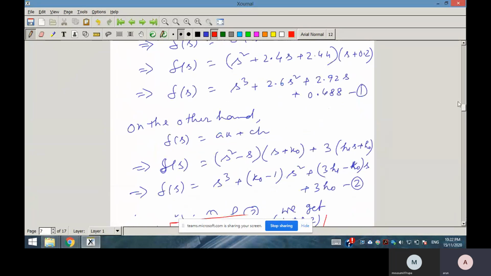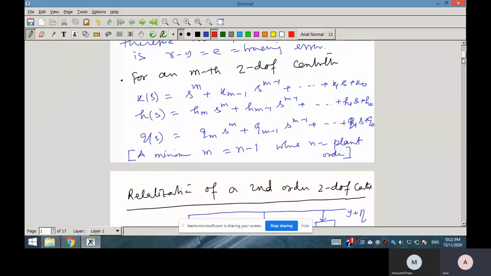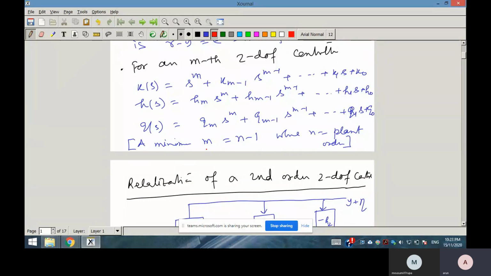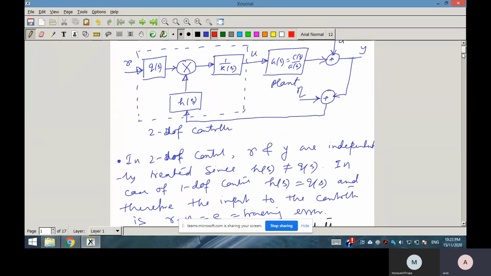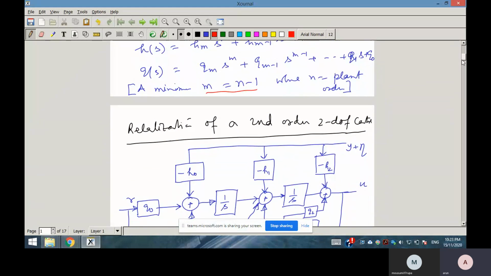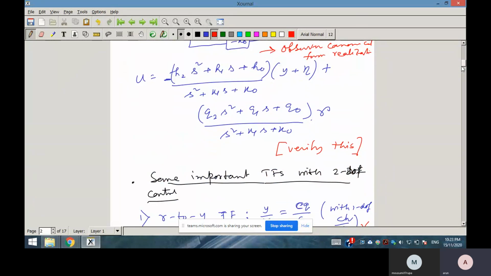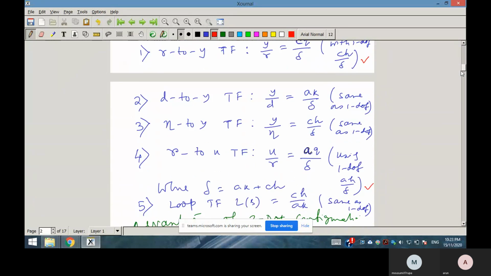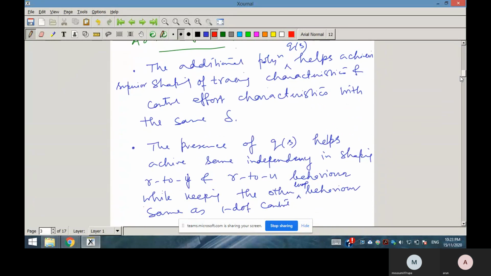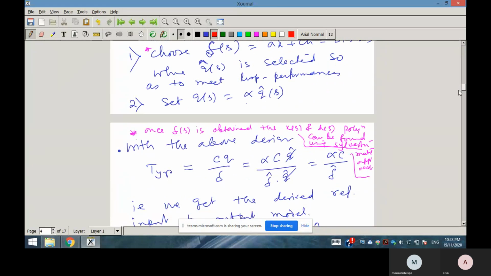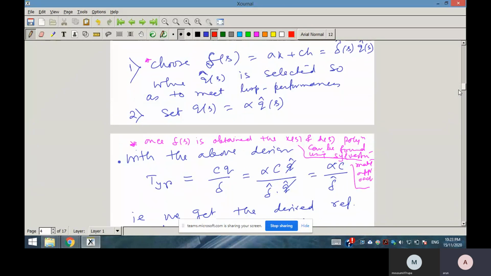Just once again I will see. Here this is also important: m equal to n minus 1. Whether it is 1 degree of freedom control or 2 degree of freedom, the minimal controller is m equal to n minus 1. The design of K(s) and H(s) polynomials is the same as 1 degree of freedom, using the Sylvester matrix based pole placement approach.